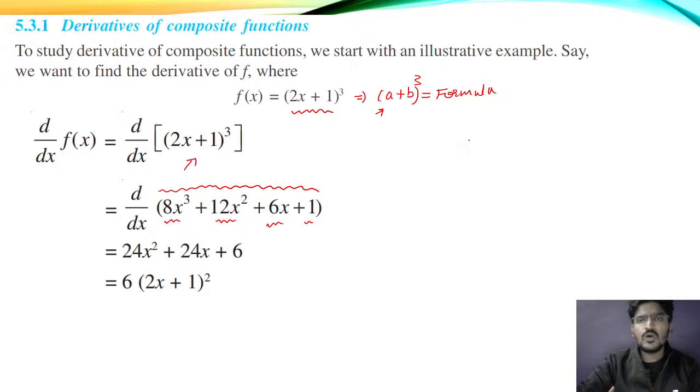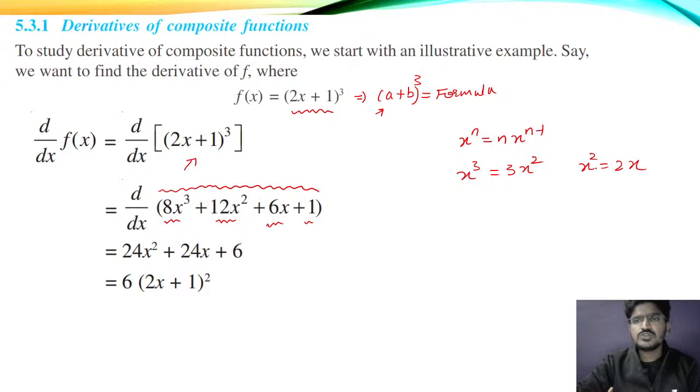As you all know, the formula for the derivative of x to the power of n is n into x to the power of n minus 1. So for x cube, it will be 3x square. For x square, it will be 2x.